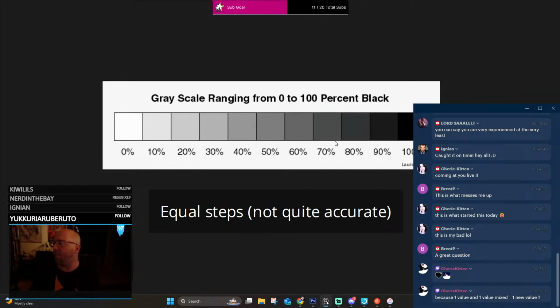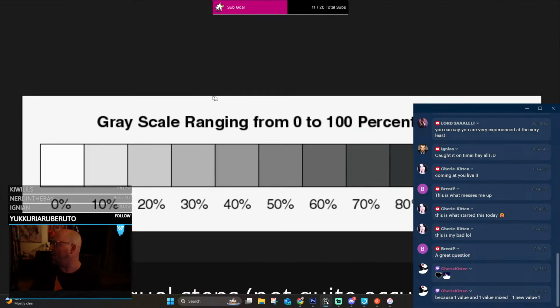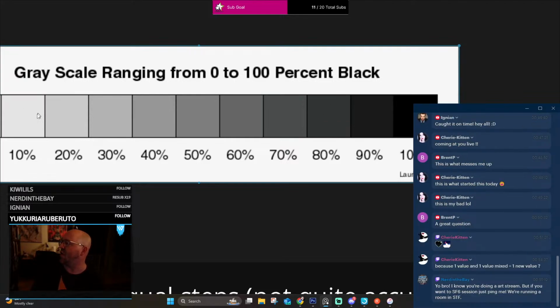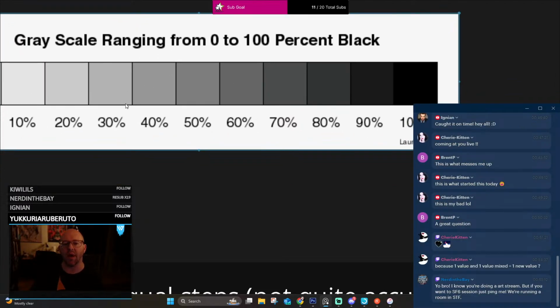Why would a 9-point value scale, and here, let me actually do this. Let me do that. That'll make it a little bit easier. We're going to get rid of this one. And okay, so we have a 9-point value scale here. Why is this the most adopted one? Does anyone know why this is the most popular value scale to create things with?